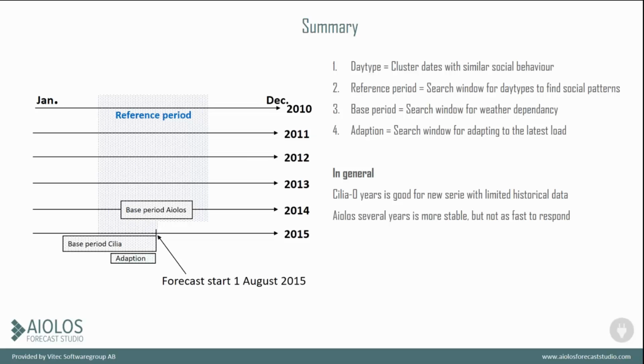So then you probably want to use a Celia model, since you have the base period right after. And if you have a time series that is more stable and does not really change that much, you would probably use Aiolos models with several years. So here you can make different settings for how fast you want the model to respond, and so on.